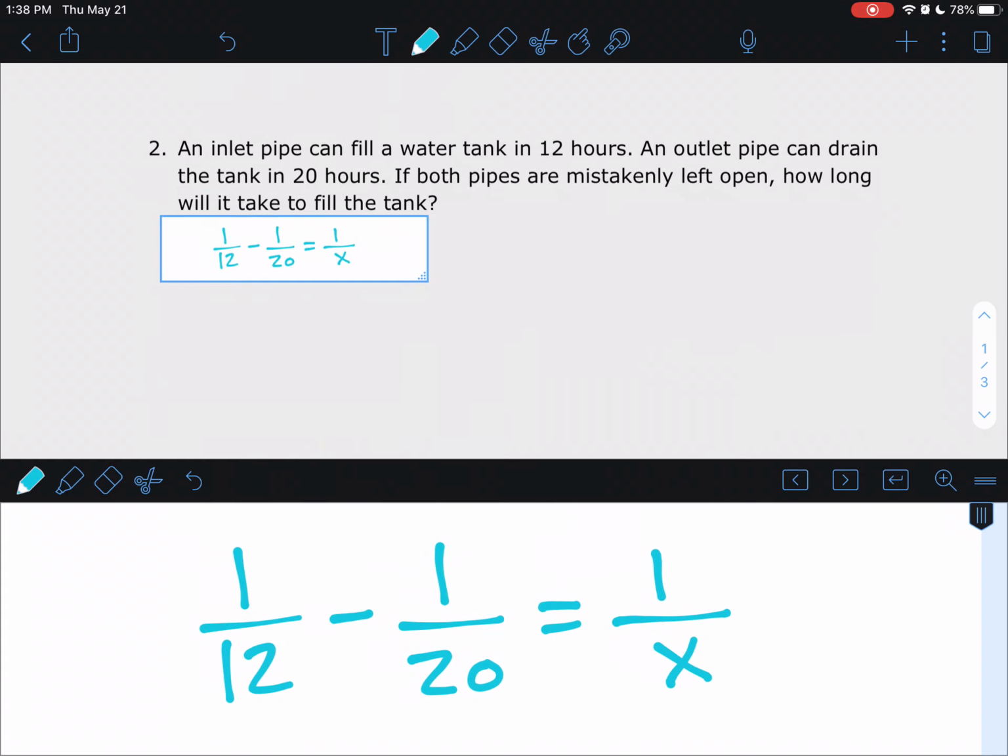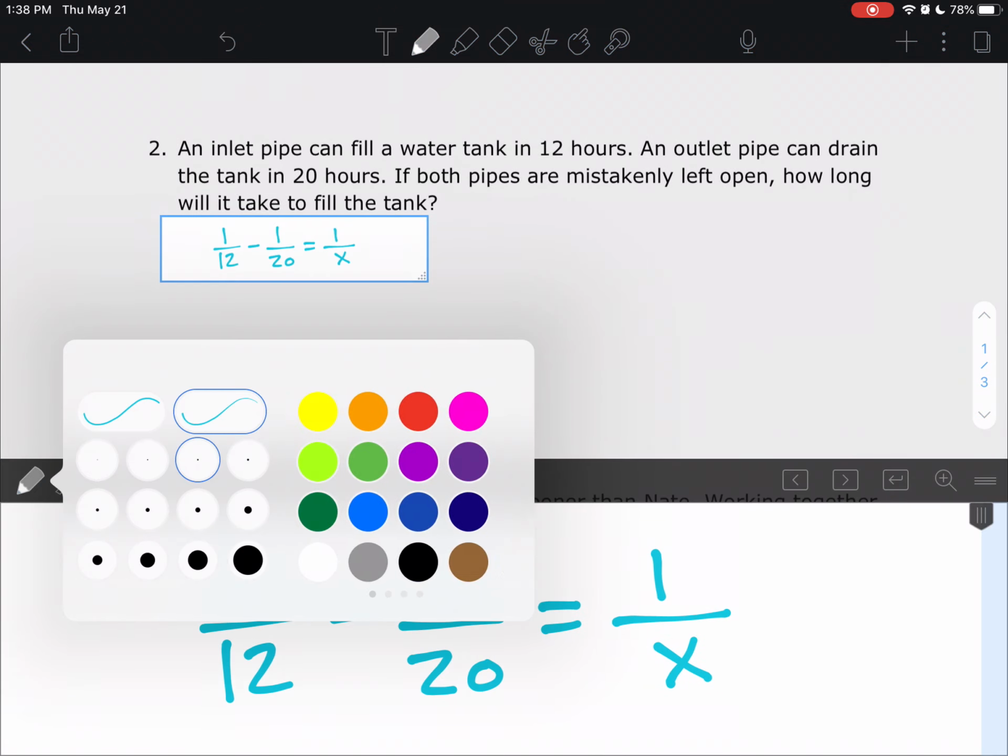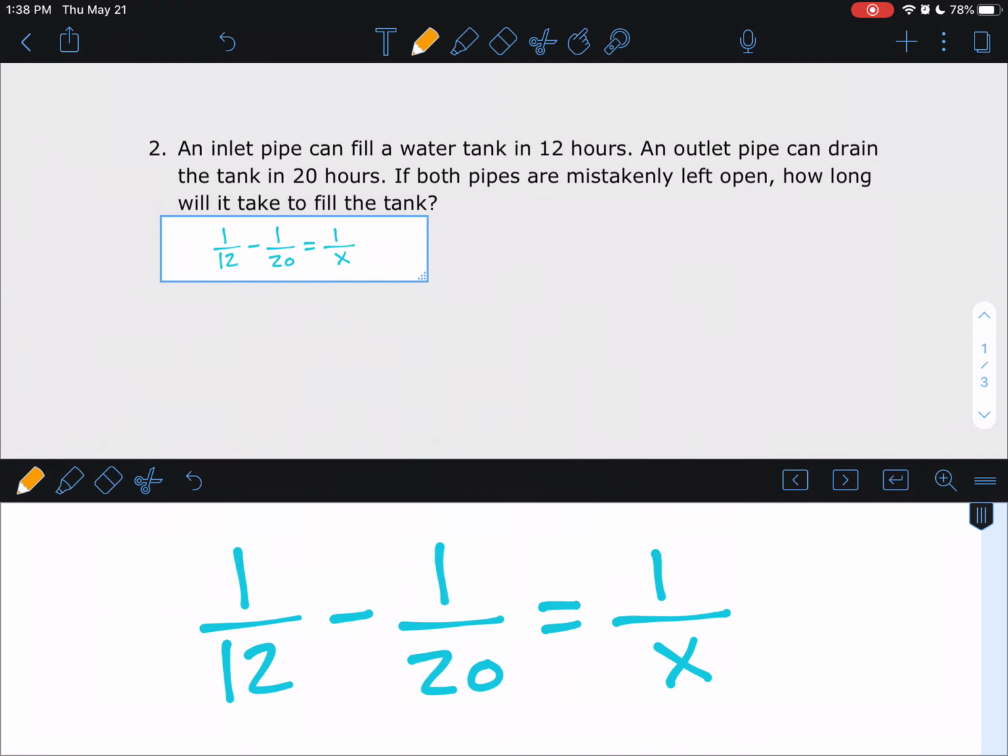So I want to turn this 1/12 into something over 60x. So I am multiplying it by 5x over 5x. This 1/20 needs to be something over 60x as well. And to get 20 to 60x, I have to multiply it by 3x.